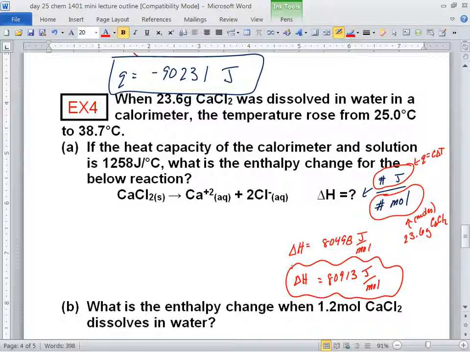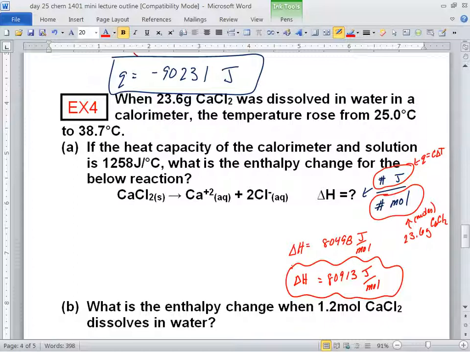All right, you should get that, 80,913 about. Is it supposed to be positive or negative? Is the temperature going up or is it going down? Going up. Temperature's going up, so it's absorbing heat or releasing heat?